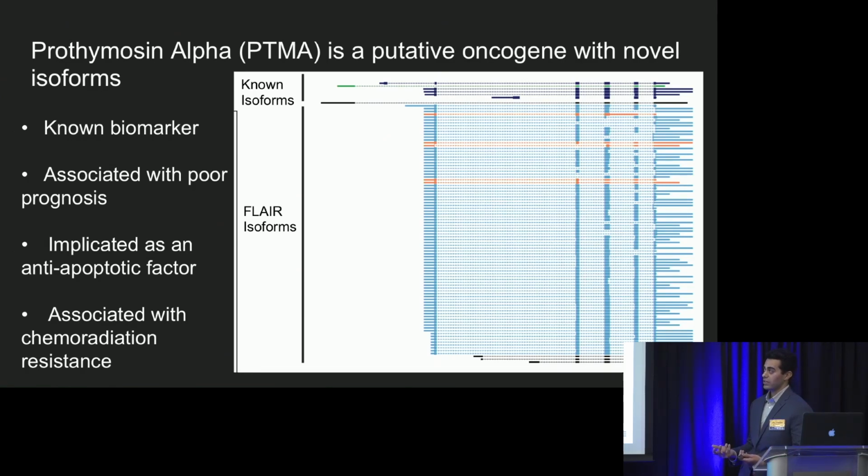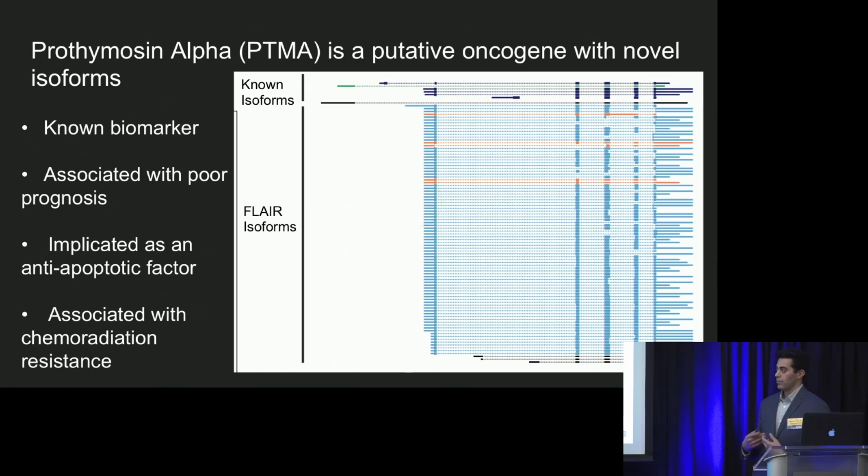Right now it's classified as a biomarker, which just means that it's associated with some characteristic of a tumor, like perhaps the aggressiveness of that tumor, but the biological role of this gene in that trait isn't well understood. But it is a putative oncogene.